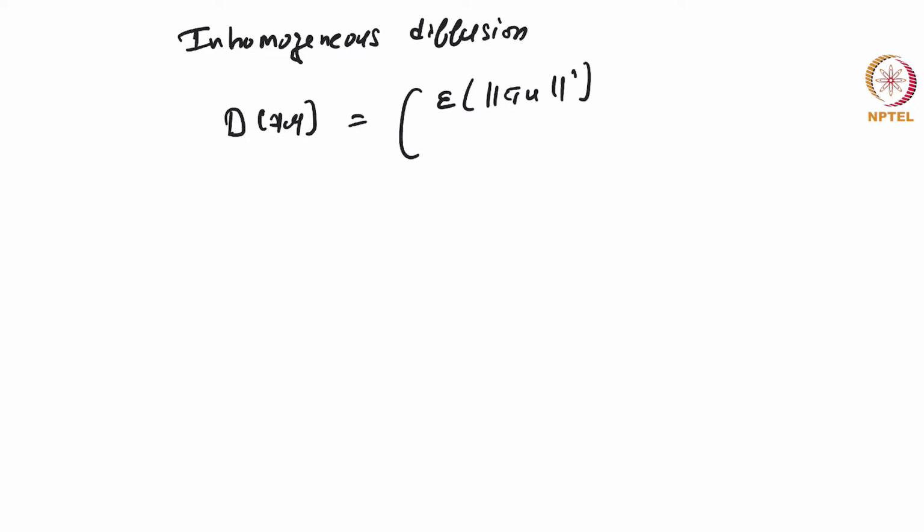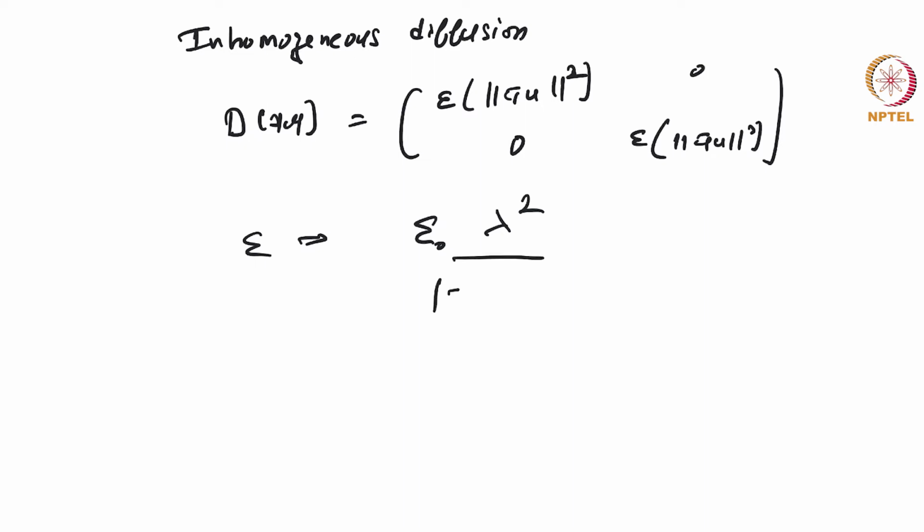Usually it's squared, so some function of gradient of u squared. What we are looking at is the magnitude of the gradient and not the direction. A typical function, this epsilon, is epsilon naught times lambda squared divided by the squared norm of gradient of u plus lambda squared. This is some function.